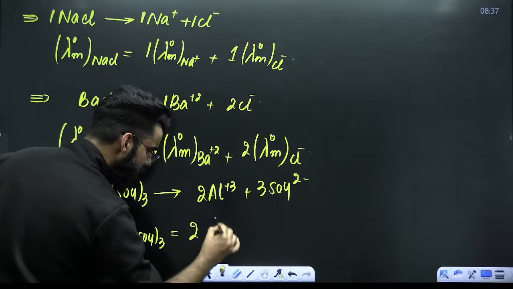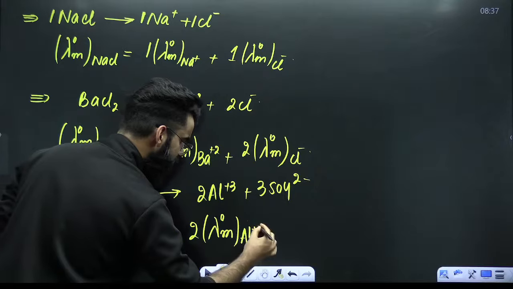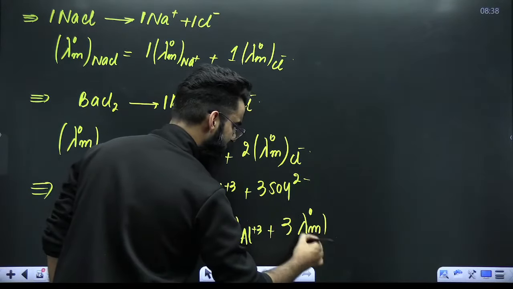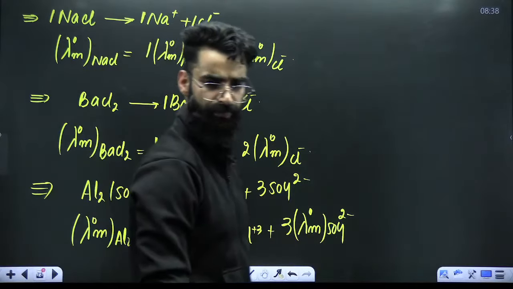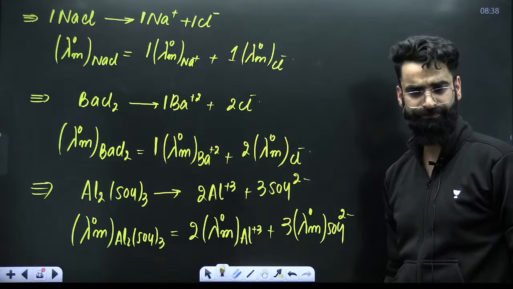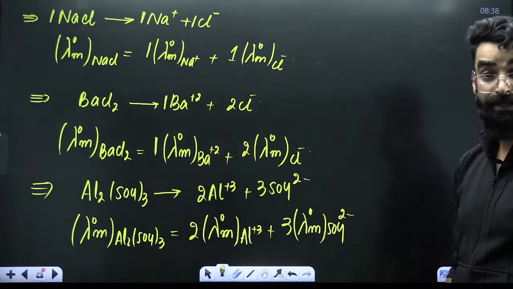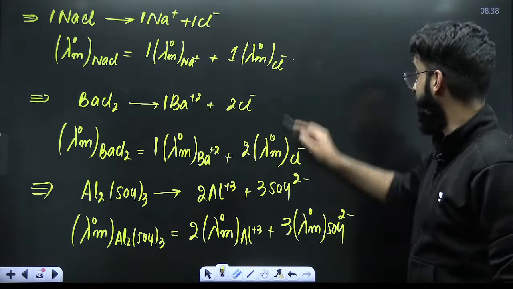Start with 2, then write molar conductivity at infinite dilution for Al tri positive plus 3 times the molar conductivity at infinite dilution for SO4 di negative. Perfect. You should be able to write these particular statements for every electrolyte.